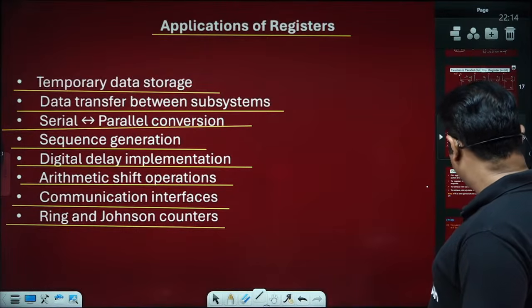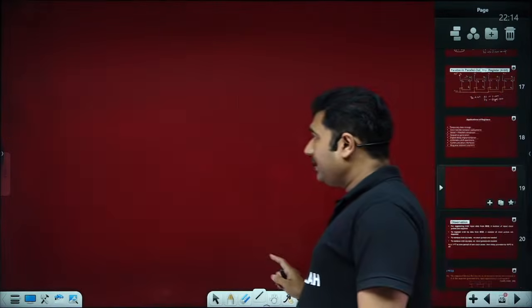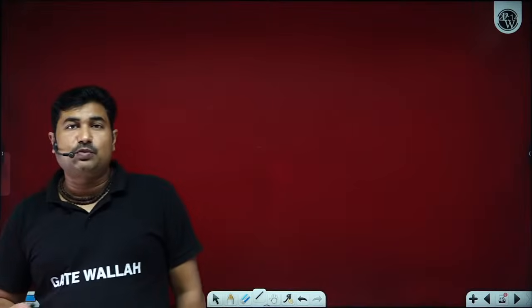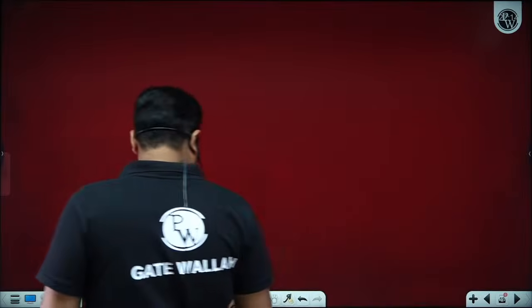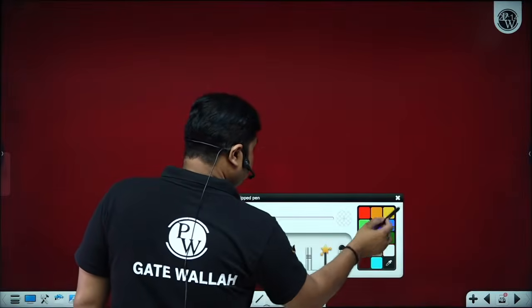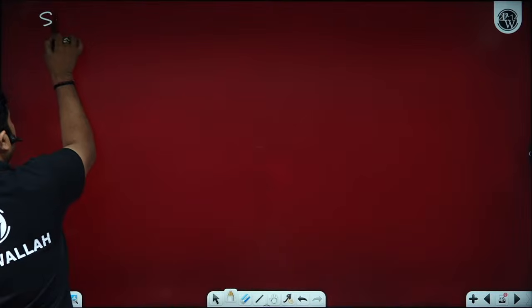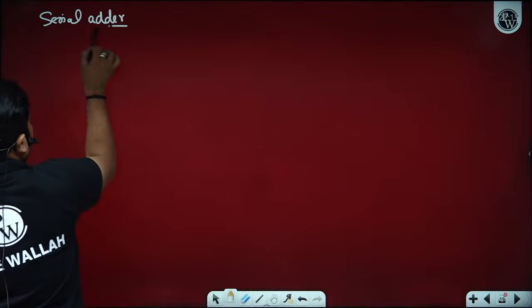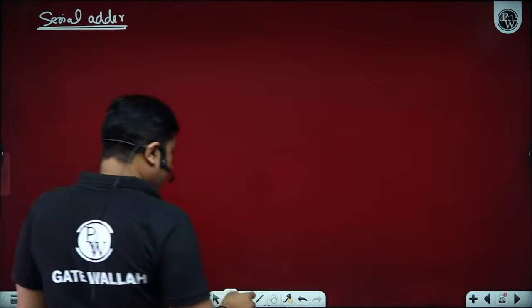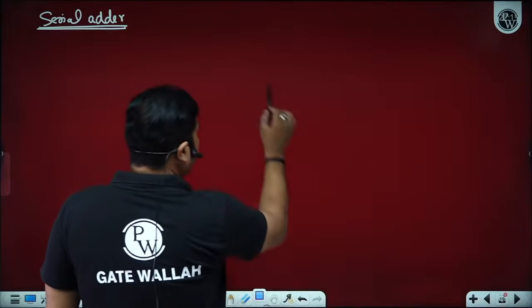Now please observe, beta ji, if you remember, we have discussed one adder named serial adder. In a serial adder, only one full adder is used to add group of bits.